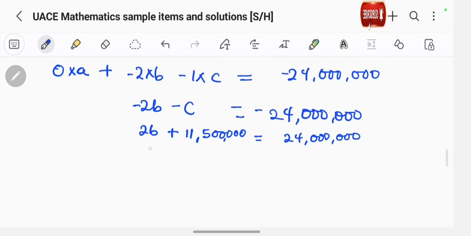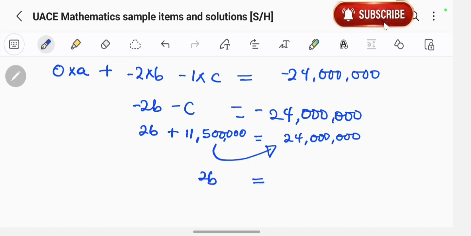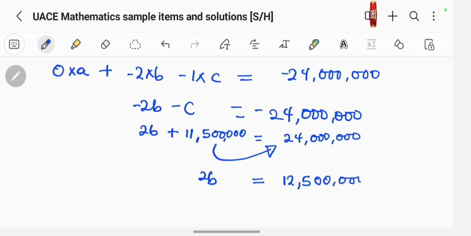Then when I move this that side, it's going to be 2B equal to 24 minus 11.5. We shall end up with 12,500,000.